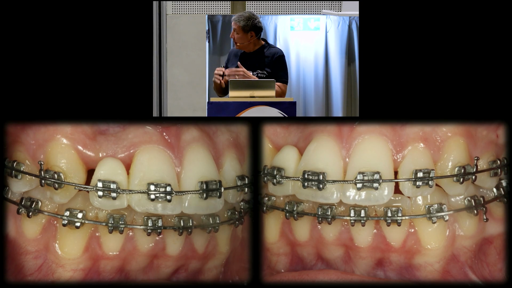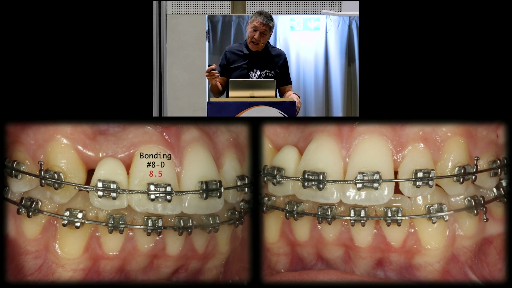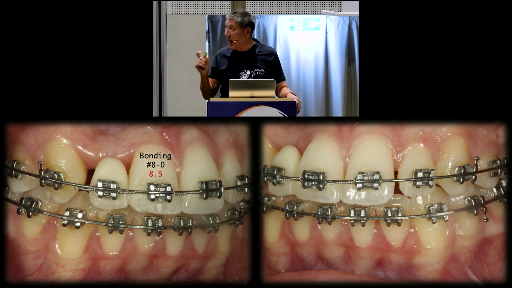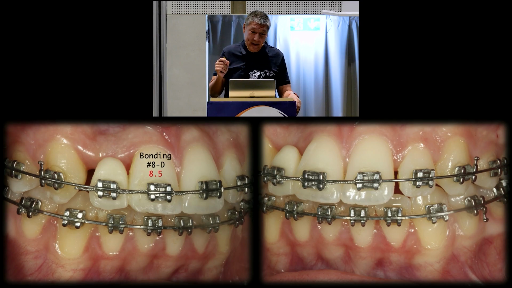We just used some discs and reshaped it. And the right central incisor was too narrow, so we did a little bit of bonding to the distal of the lateral incisor.